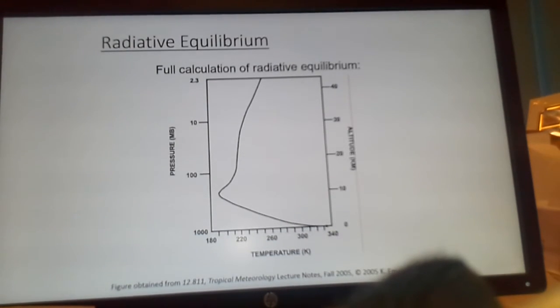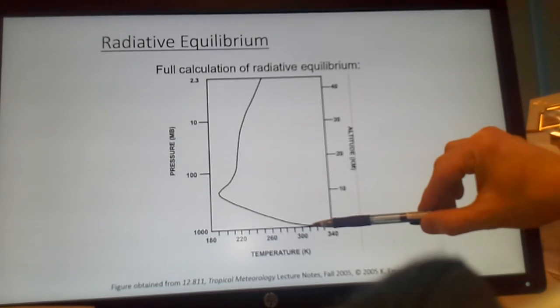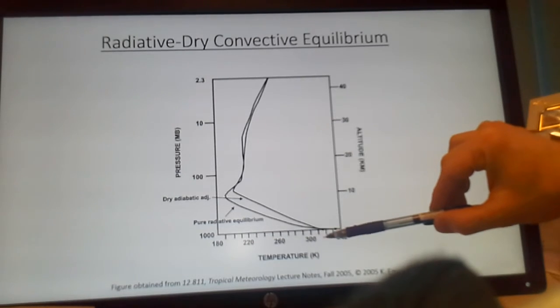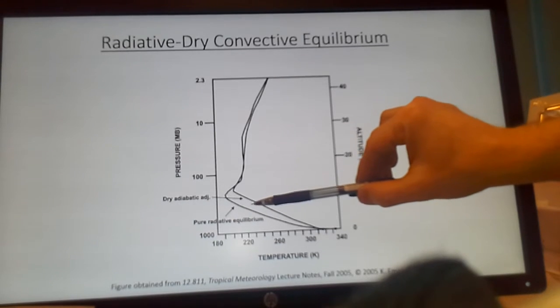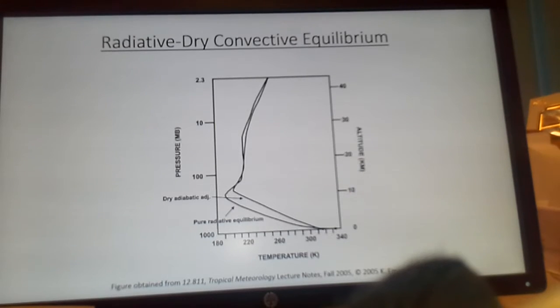This is how the atmosphere would look in radiative equilibrium if there was no transport by convection or advection. And if we add another curve that shows how the dry adiabatic atmosphere would look, we see that at the upper levels of the troposphere, the adiabatic atmosphere is much warmer than the atmosphere in radiative equilibrium.